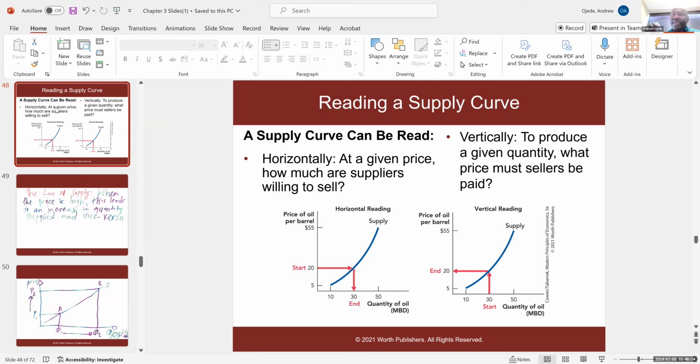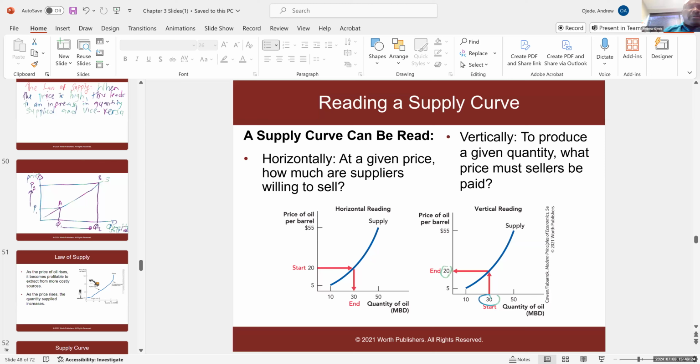Okay, when you're reading it vertically, that means to produce a given quantity, to produce 30 barrels of oil per day, what price must sellers be paid? So sellers are seeking what? $20 per barrel. They must be paid $20 per barrel.